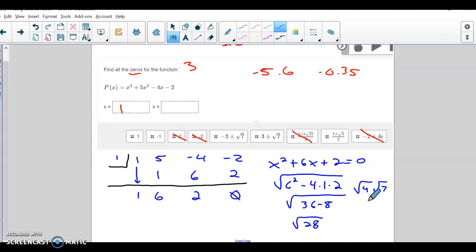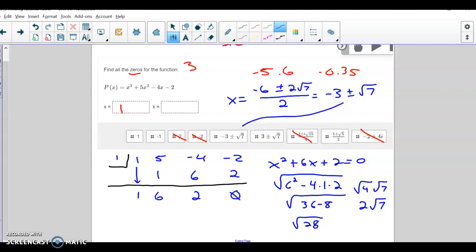So we'll split it to 4 times 7, give us 2 radical 7. Okay, so if I complete my formula, I'll get x equals the opposite of b, so negative 6, plus or minus 2 radical 7, all over 2 times a. So 2 times 1 is 2. Okay, and then if you divide the 2 out, you'll get negative 3 plus or minus root 7.